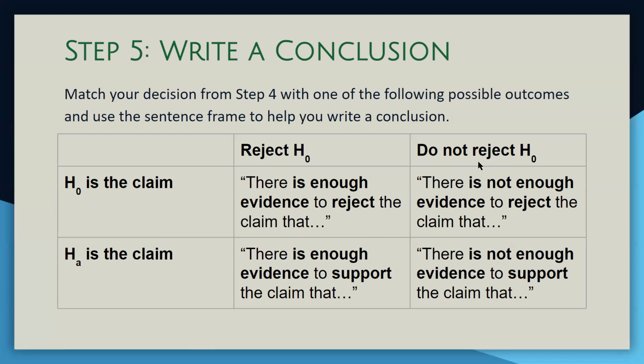For the do not reject the null, both those boxes say there is not enough evidence to. And then again, for the null being our claim, we're talking about rejecting it. For the alternative being our claim, we're talking about supporting it. Notice that you do not see the word prove anywhere in here. A single hypothesis test based on a single sample is not statistical proof of anything.